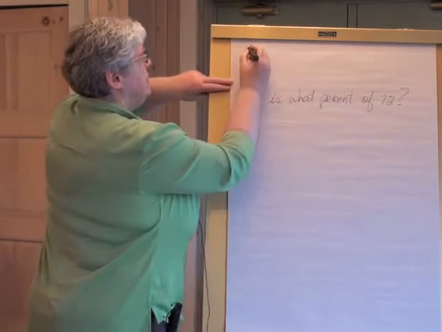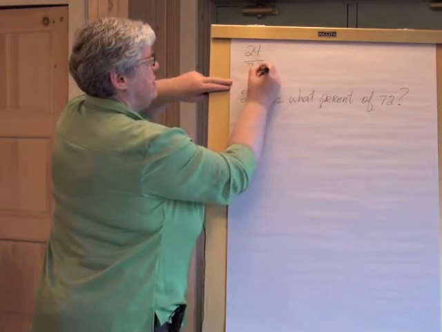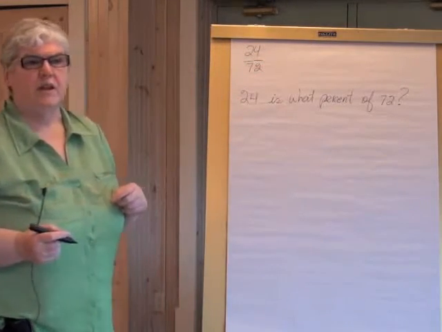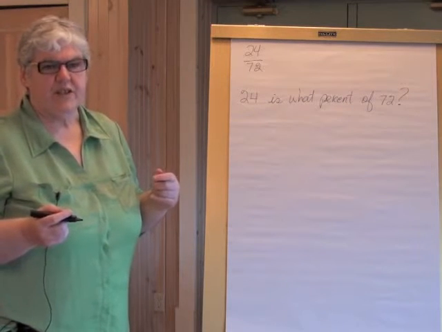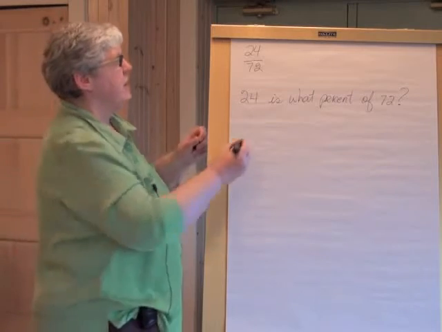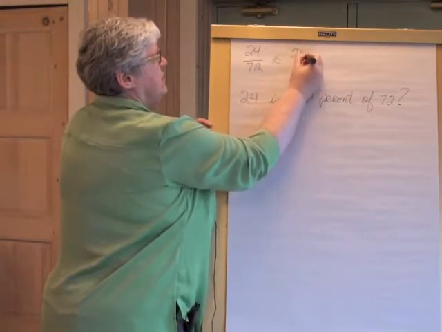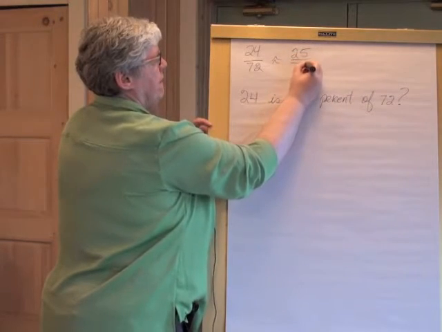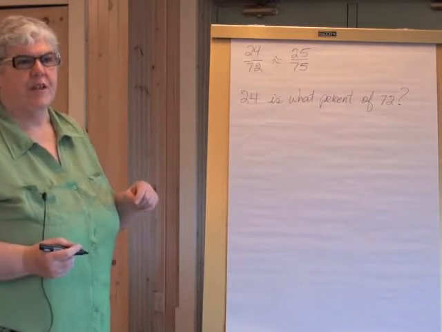So I look here. I've got 24 over 72. Now, I could reduce that fraction, but it's complicated and I don't want to bother, because I'm just looking for an estimate. So I say, well, that's about the same as 25 over 75.